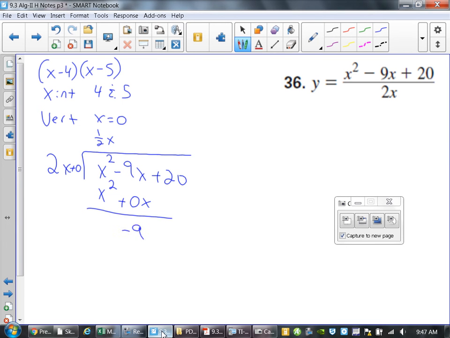Subtract out, I get negative 9x, drop it down to 20. Now I have to multiply it by negative 9 over 2. And I really don't care about my remainder. I just have my linear. And it winds up at 1/2 x minus 9/2. 9/2 is what? 4.5. Okay.